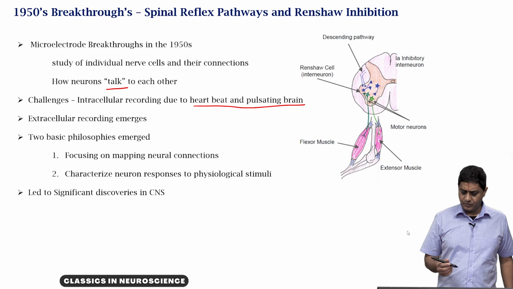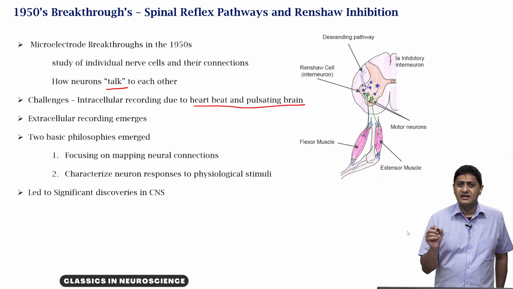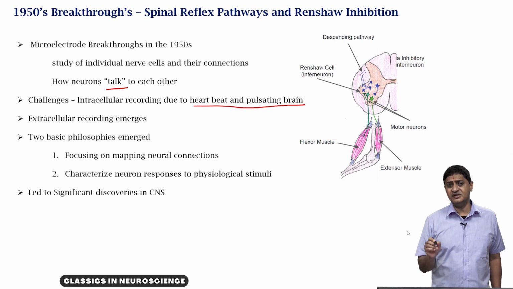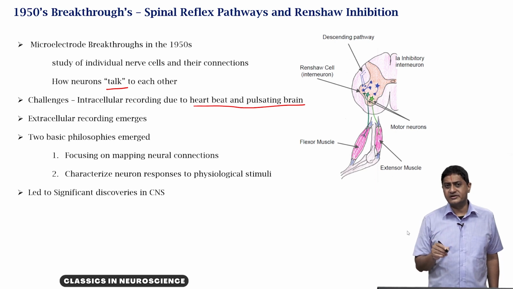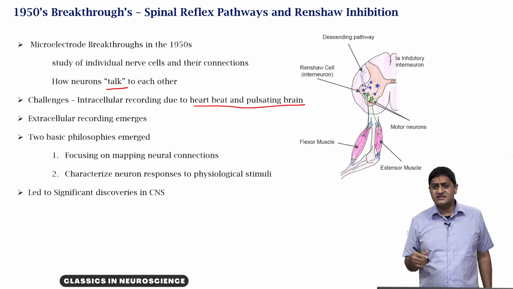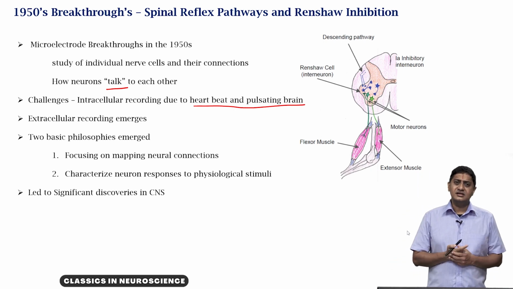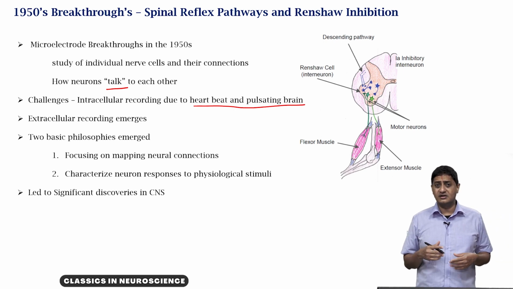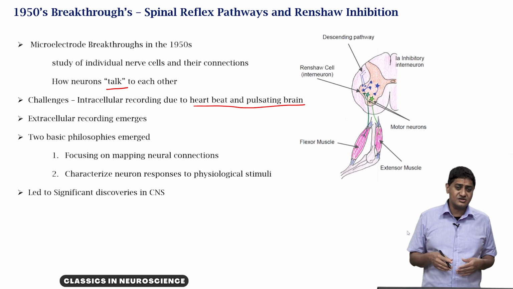The idea then was to use an individual microelectrode to record from the extracellular space of the neuron, not the intracellular recording. This is okay, except that you do not know from where you are recording in the neuron. Are you recording from the cell body, the axon, or the dendrite? Also, you cannot be sure of the specificity.